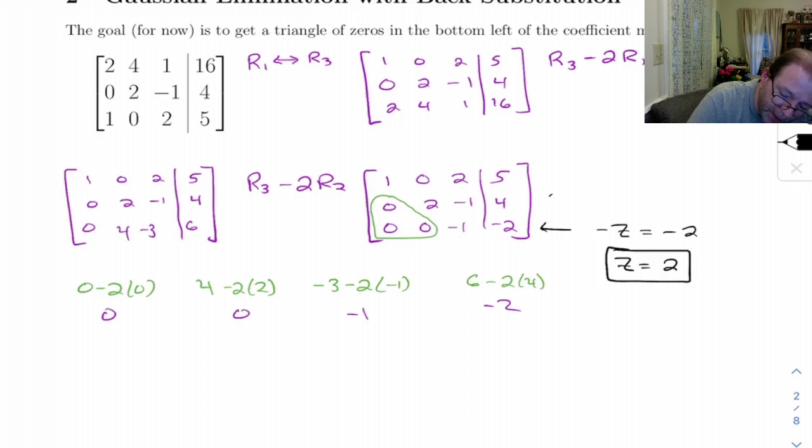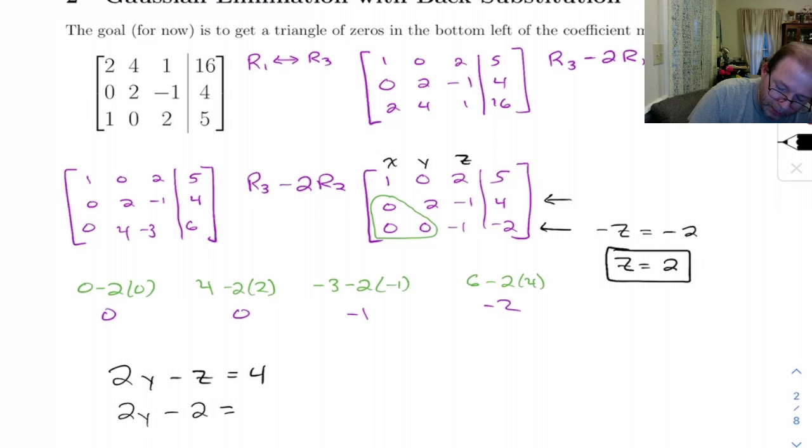And then I'm going to come up here to this row. The second row gives me, remember this is x, y, and z, 2y minus z equals 4. So that gives me 2y is 6. So y is 3.